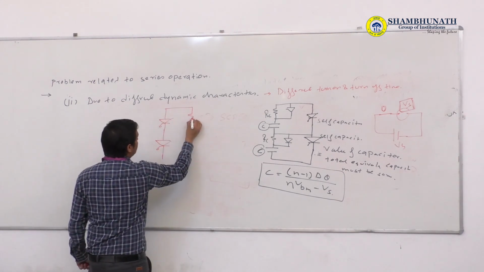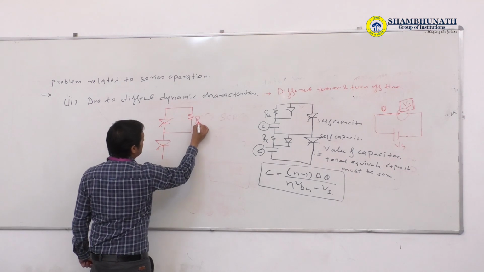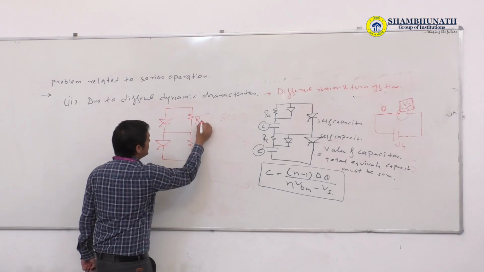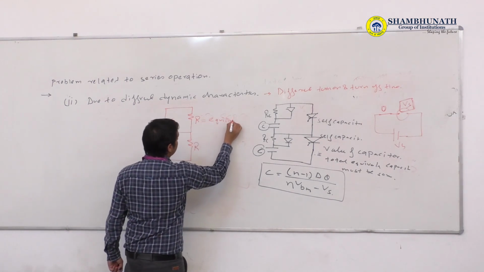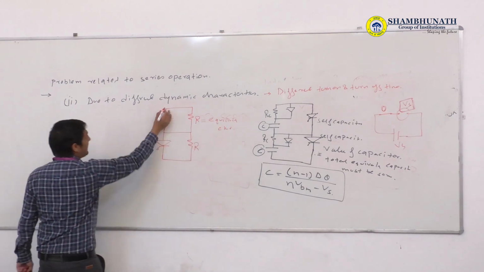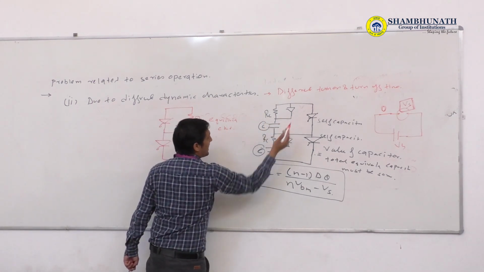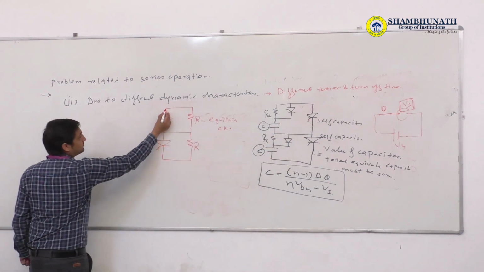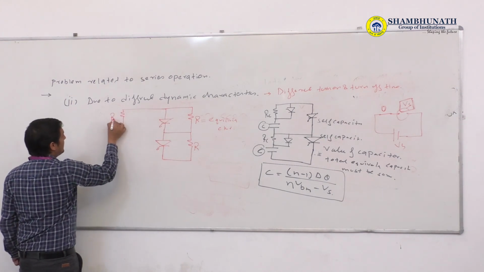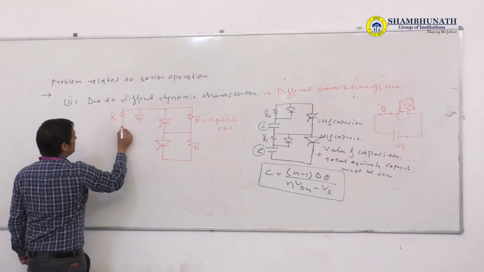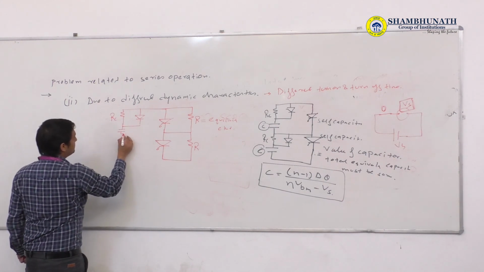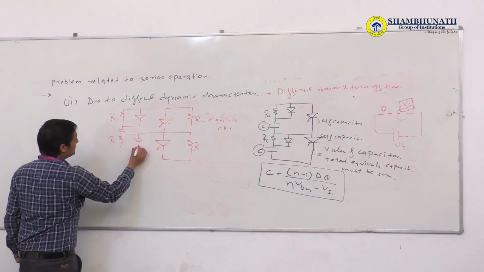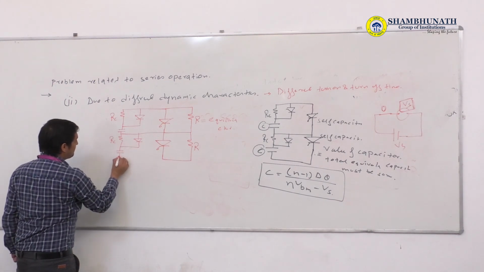We connect a resistance R, which is known as the equalizing circuit, and a combination of RC, diode and capacitor across each thyristor.